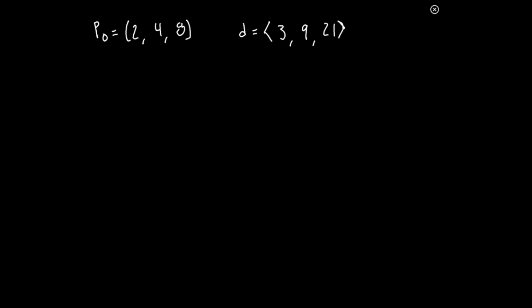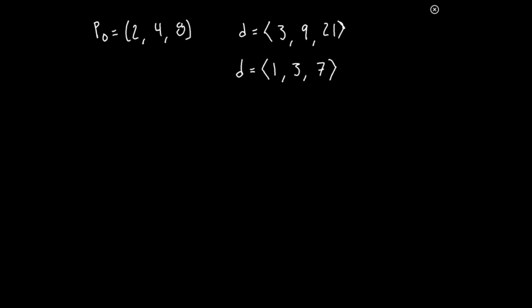Before we even get started, we can simplify d by dividing by a common factor, and that'll make everything simpler as we work with this vector. So d equals 1, 3, and 7. Because when you think about it, we're only going to end up multiplying d by t anyway, and t is an arbitrary scalar. So d could be anything as long as the individual components are still proportional to each other.